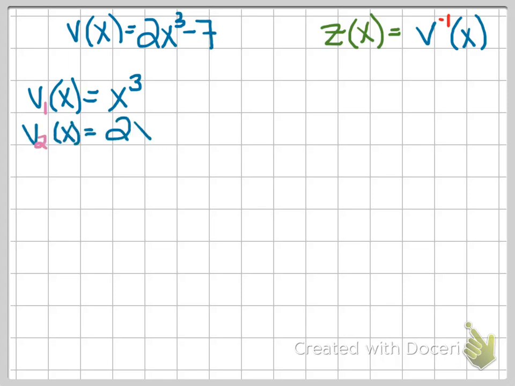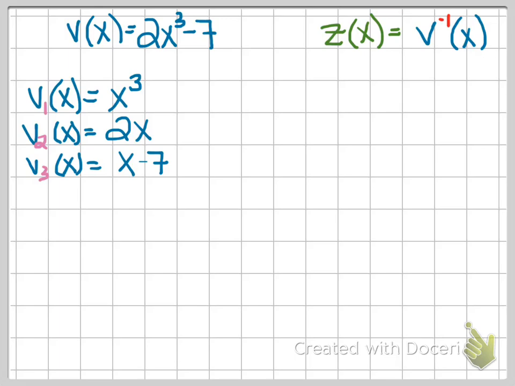The second operation in my v function is that once I take that number and I cube it, I'm going to double it or multiply it by 2. Once I've cubed it and doubled it, I'm going to take 7 away from that quantity.